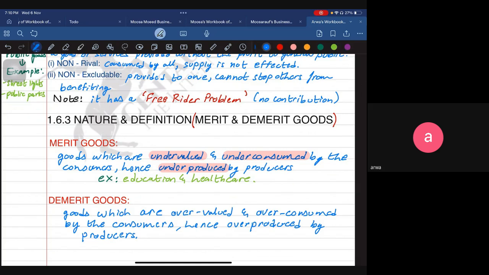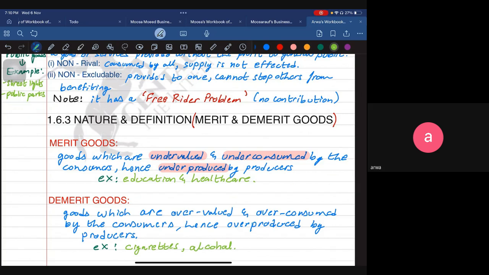For example, as you said, cigarettes, alcohol, right? These goods are considered to be demerit.